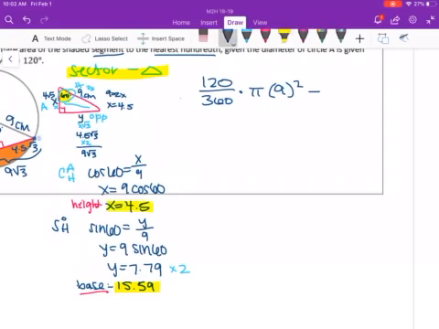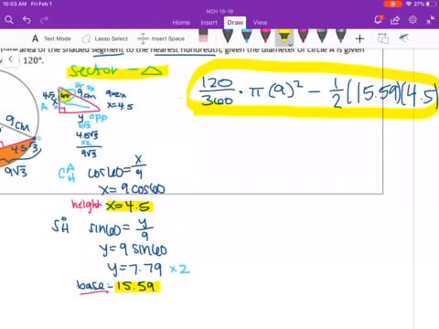And you could use 4.5 and 9 root 3 either way, but since we're rounding to the nearest hundredth, those decimals are also fine. So 1/2, the base is 15.59, and the height is 4.5. Round to the nearest hundredth, so put this entire thing into your calculator.